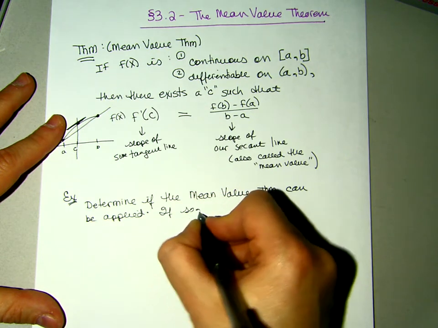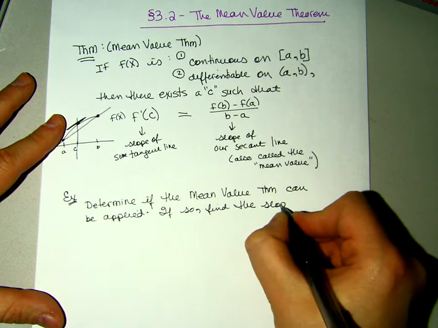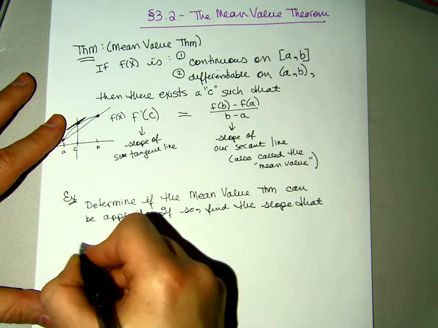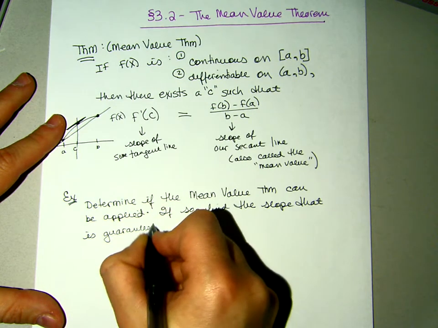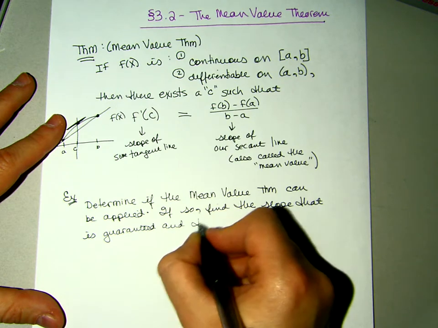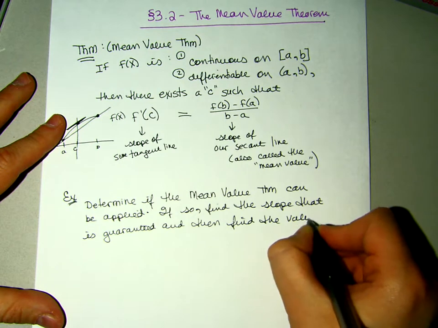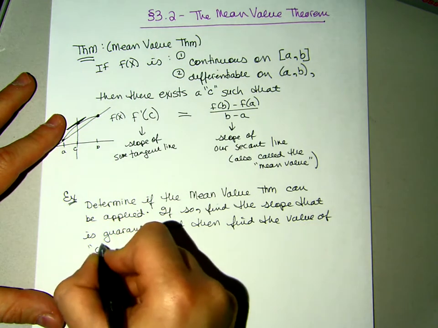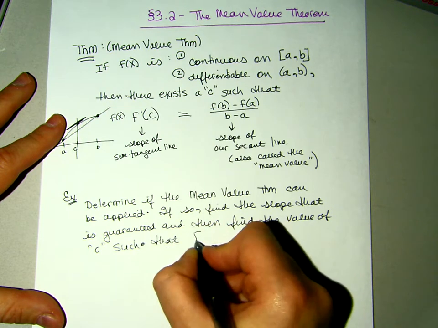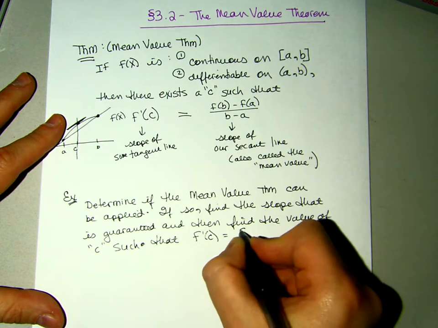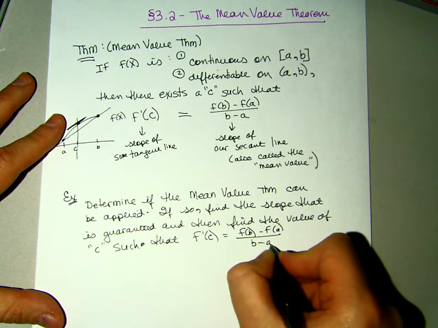If so, we are going to find the slope that is guaranteed and then find the value of c such that f prime of c equals f of b minus f of a over b minus a.